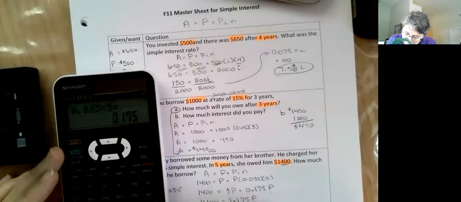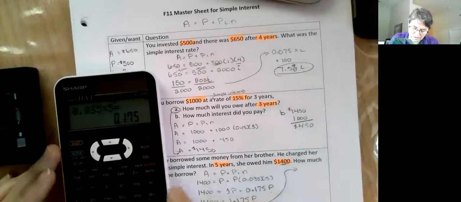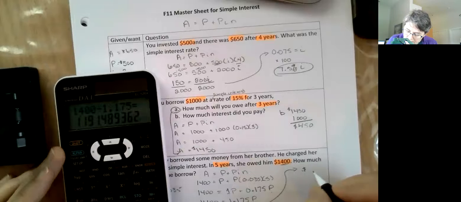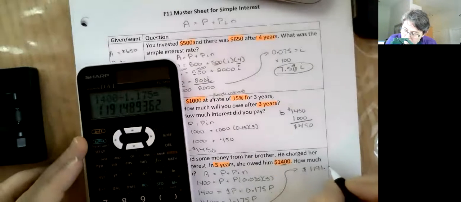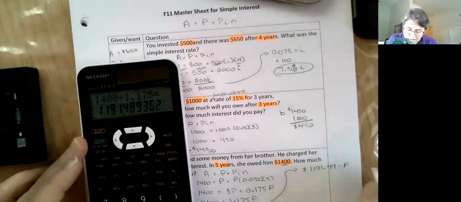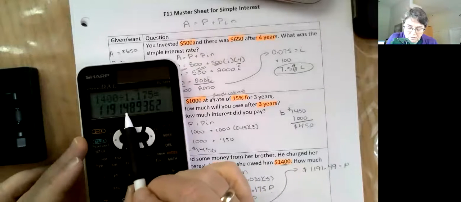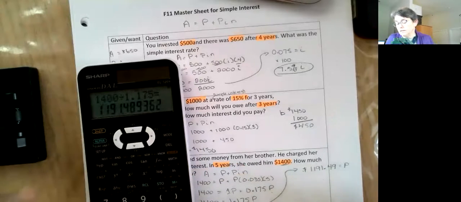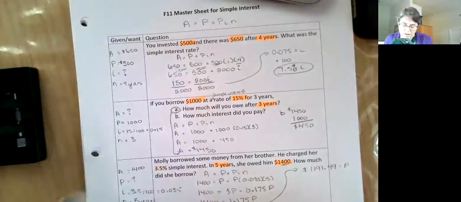Divide. $1,500 divided by 1.175 is 1191.48, and that 9 is going to make it go up. So $1,191.49 is what she borrowed from her brother.